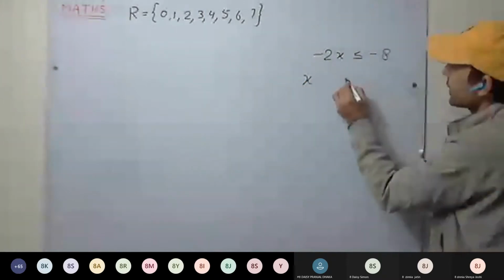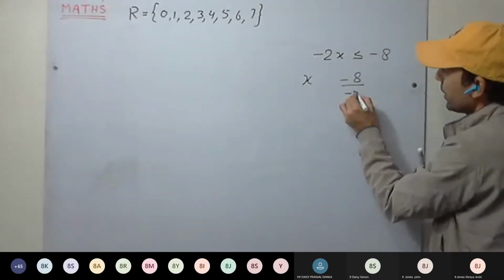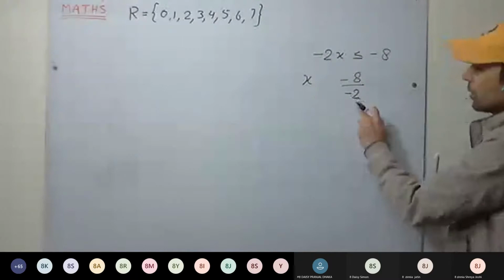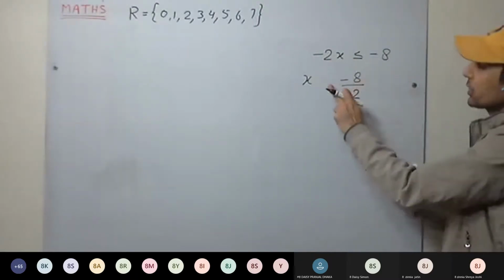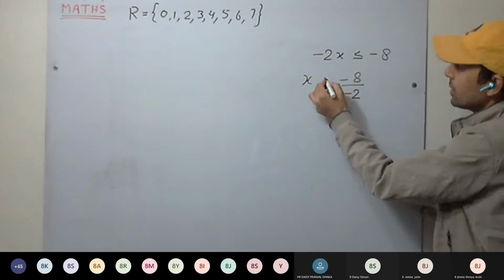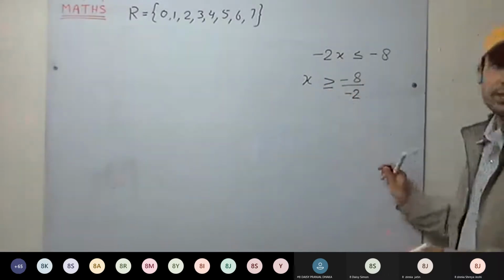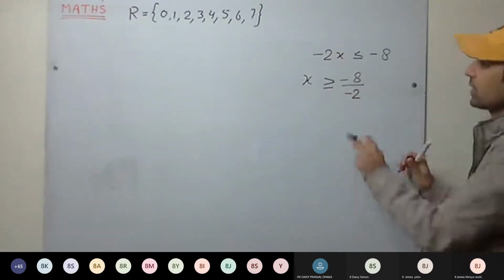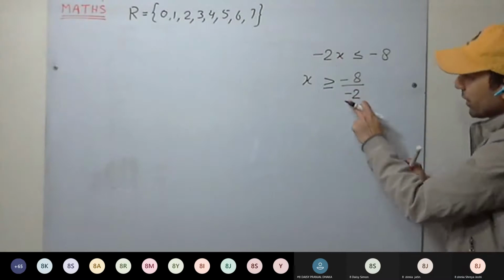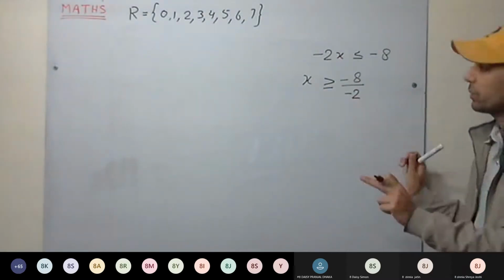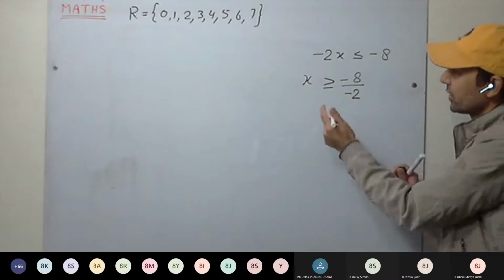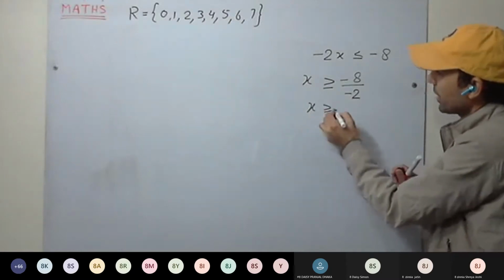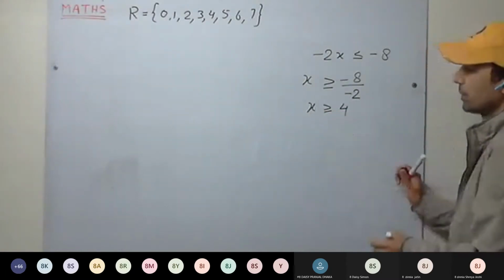So x here, minus 8 divided by minus 2. We are dividing by a negative number, so the sign will change. So always remember, if you are dividing or multiplying by a negative number, the sign will change. So x is greater than equal to 4.